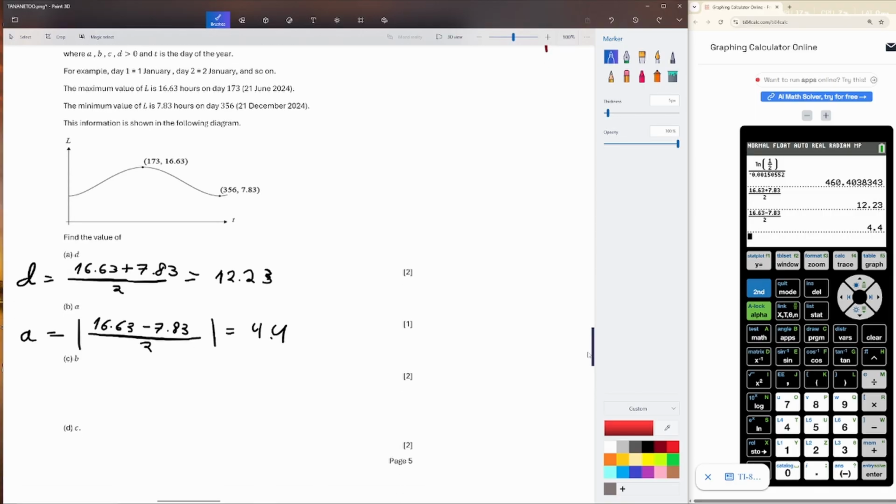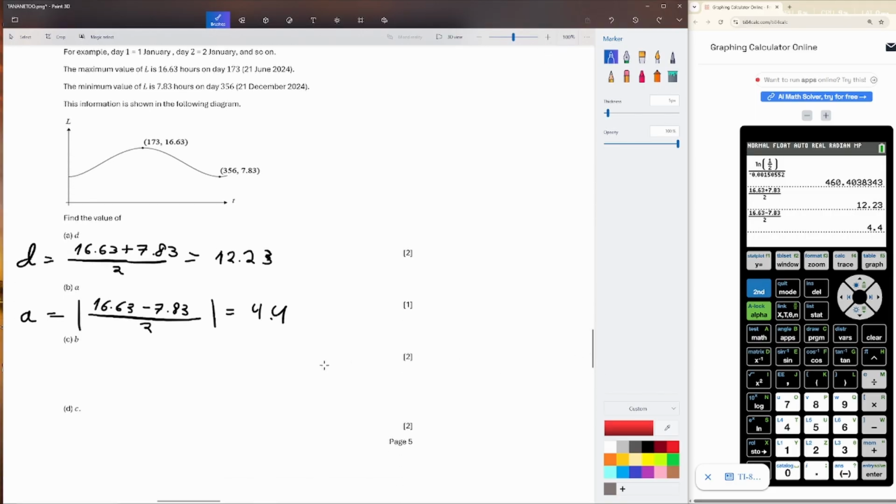So what is B? B is related to the period. And I taught you a very good trick how to actually get the period easily each time. So if you have your graph that needs to be extended, right now I extended it pretty well. However, it's just a sketch.